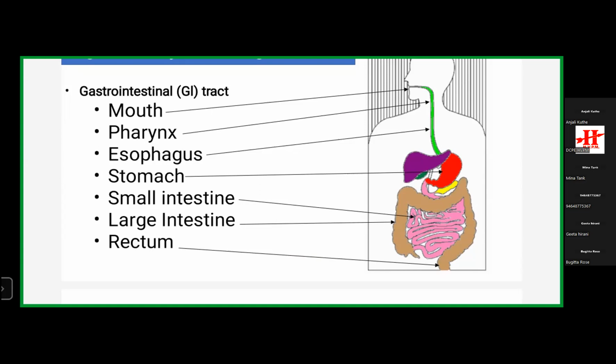The wall of the stomach is made up of certain coats: serous, mucous, submucous, and muscular coats. And in the wall lie the glands known as gastric glands, and these gastric glands secrete the juice known as gastric juice. This gastric juice contains hydrochloric acid, pepsin, renin, lipase, which help particularly in the digestion of protein.